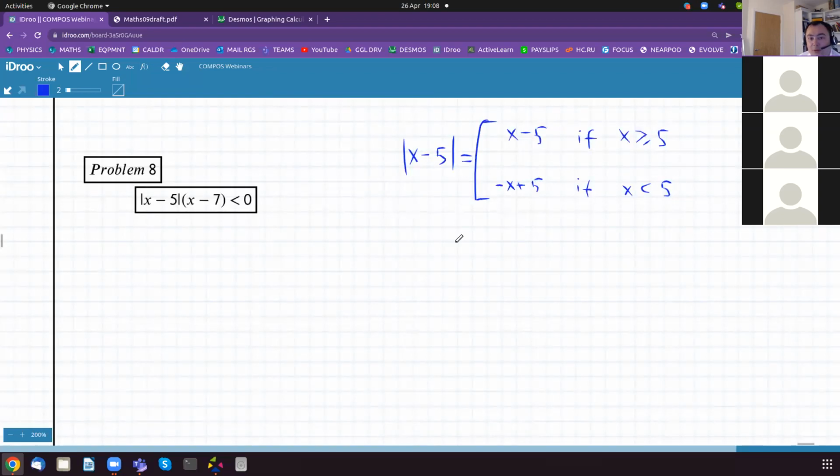And you can solve this inequality using the method of intervals. You will just have two different inequalities. You have x minus 5 times x minus 7 less than 0.